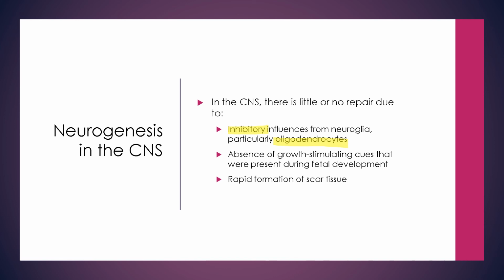There also aren't any growth stimulating cues in the adult central nervous system. And also, after axonal damage, the nearby astrocytes will proliferate really rapidly, forming a type of scar tissue. And this acts as a physical barrier for regeneration. This is due to astrocytes.